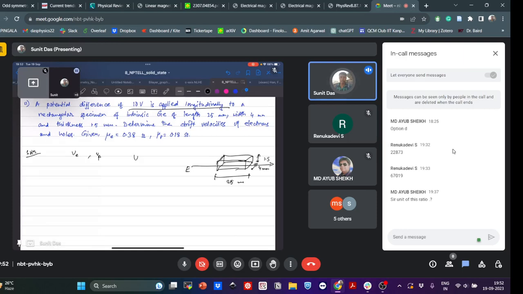We have a very simple equation: v equals mu times electric field. So just apply this equation and find out the drift velocity.